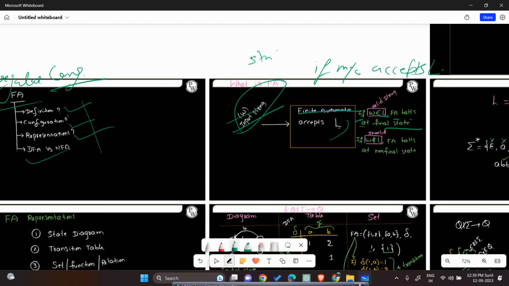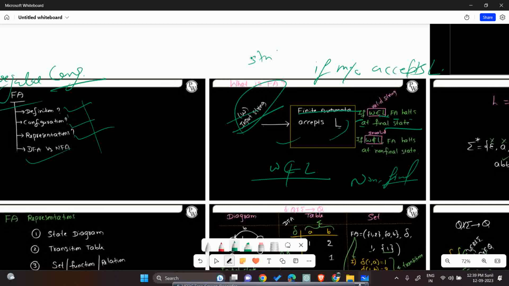Right? There will be a final state. We will see further what is final state, but it will halt in a final state. If W does not belong to L, for which the machine was built, then the FA halts at a non-final state.